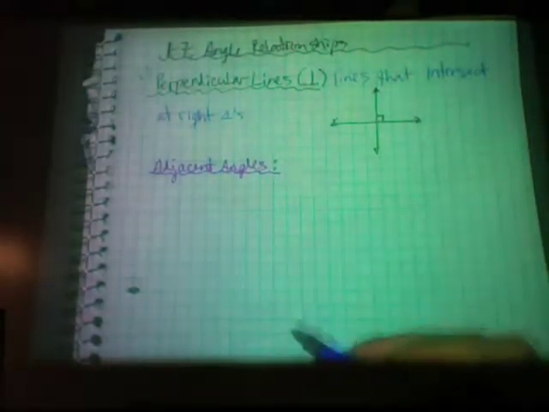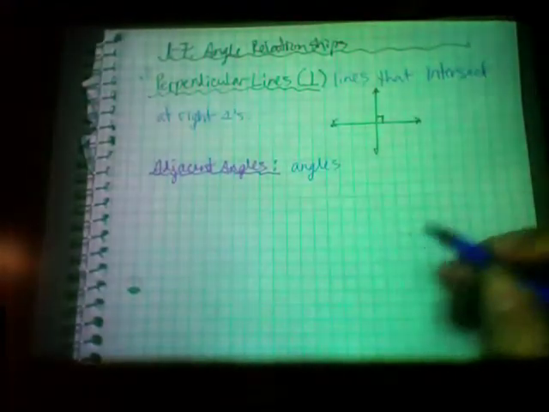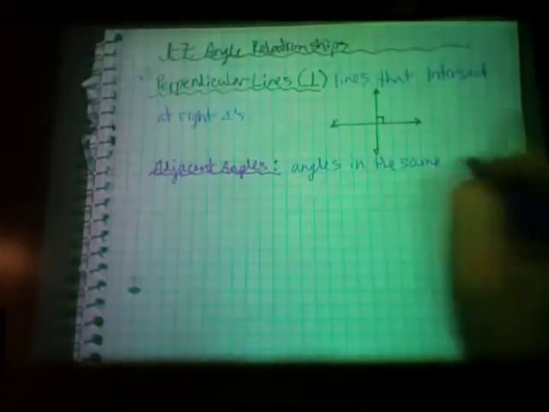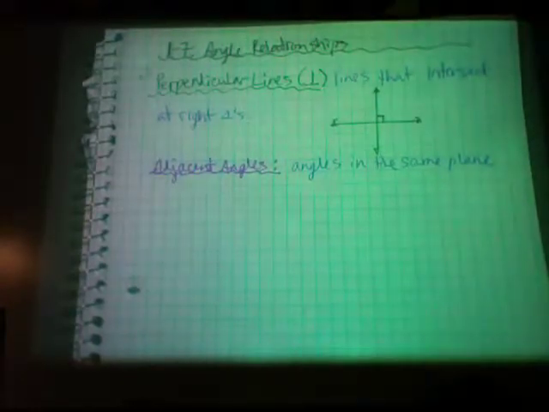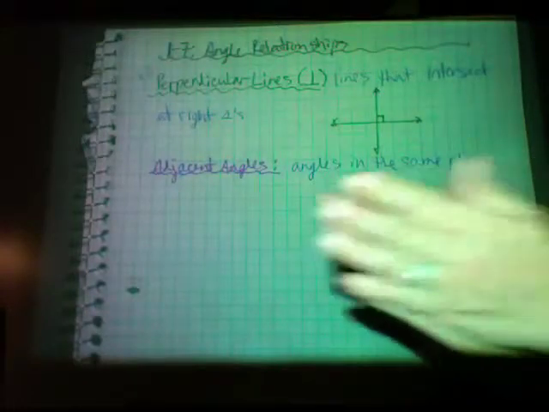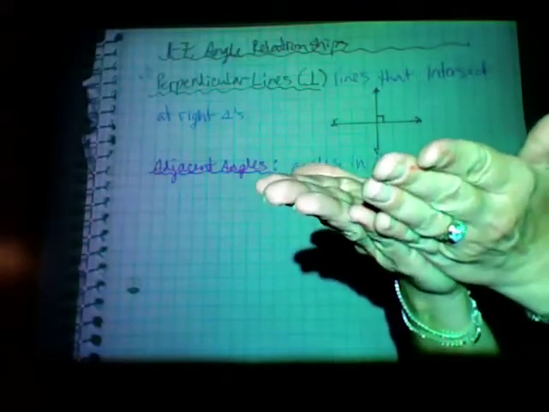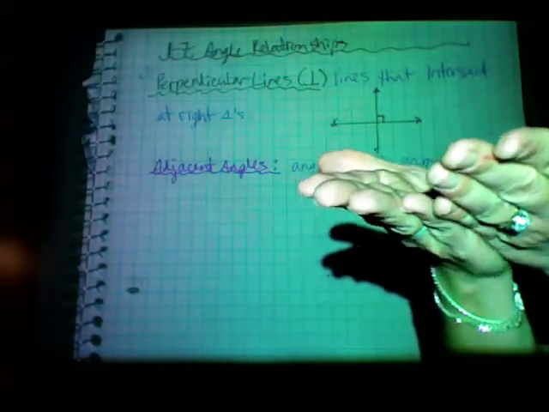Here's the true definition. Adjacent angles are angles in the same plane. Now remember, we are in a geometric court of law, so to speak, so it's a very nitpicky definition. Think of a book. So I could have a book that looks like this, right? Each page, each side of my book is a plane. Planes intersect, they intersect at a line, don't they?